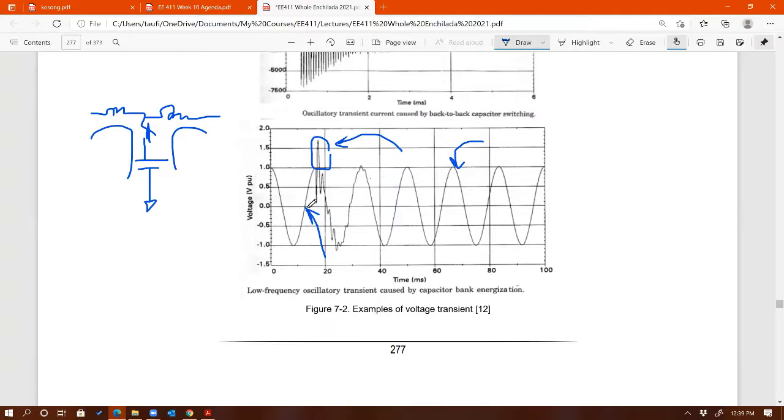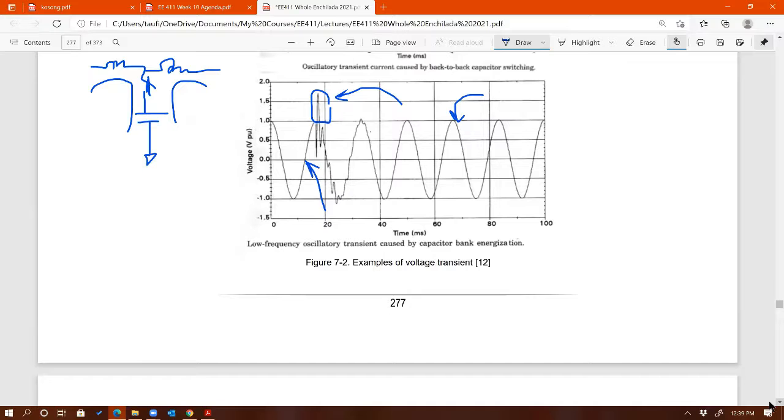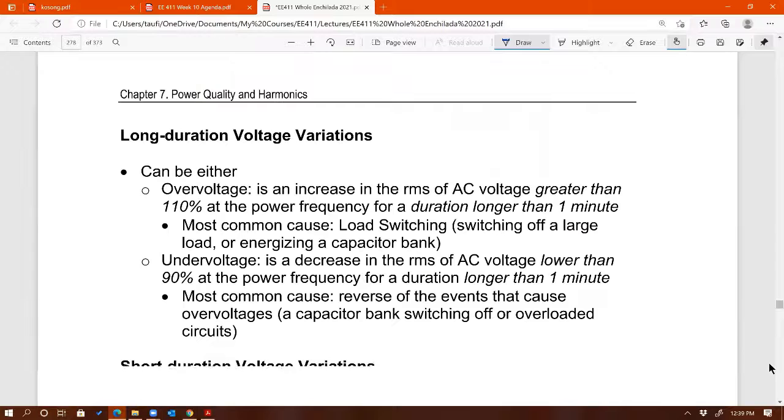But if it's zero voltage, then where's that energy coming from, if there's no voltage source to supply energy to the LC tank? So that's why if you are utilizing power factor correction capacitor, you want to make sure that you look for the zero crossing of the sine wave when you turn on the capacitor. Feel free to interrupt anytime you have any questions, okay?